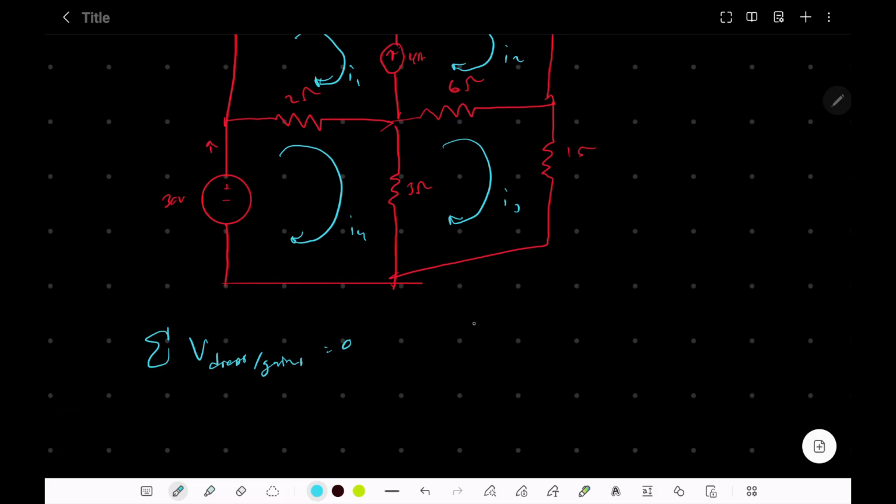This loop. So we got a 30 volt gain because we're going in from this side and we're going up, so we're gaining 30 volts of electric potential relative to this side.